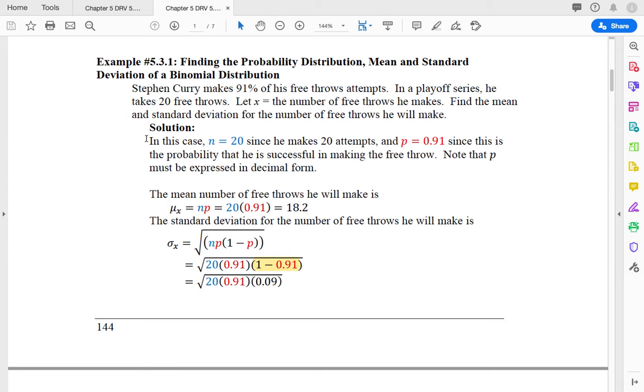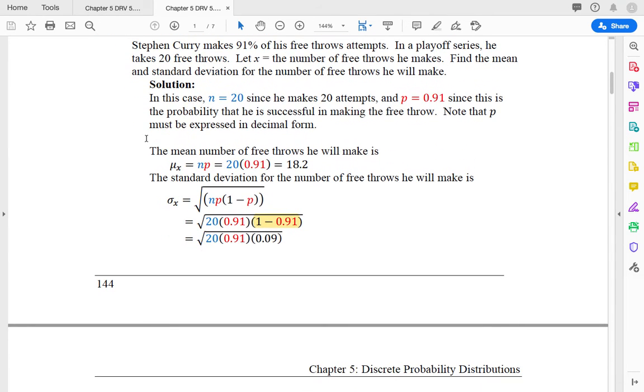Okay, so in this case, since n equals 20, he makes 20 attempts, p is 0.91, it's going to be a binomial distribution, and even though p was given as 91%, we have to write it as 0.91 in decimal form. So what's the mean that we'd expect?